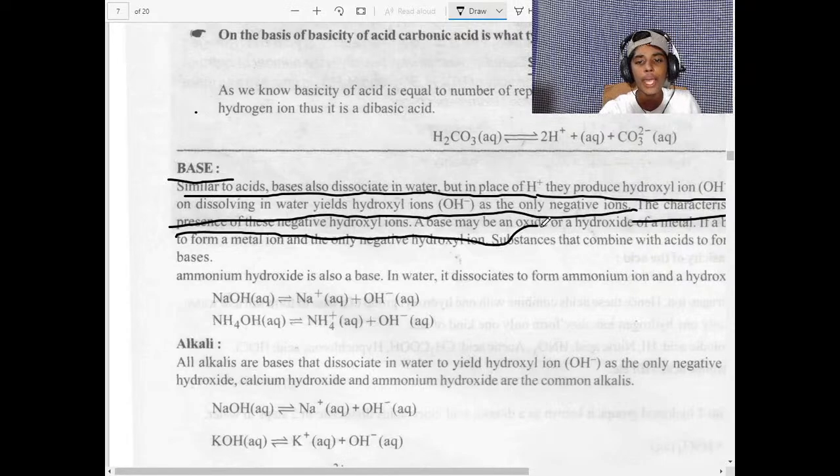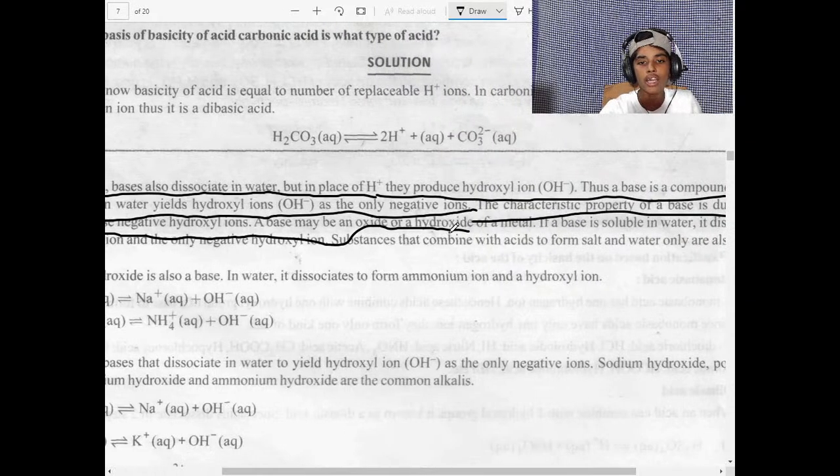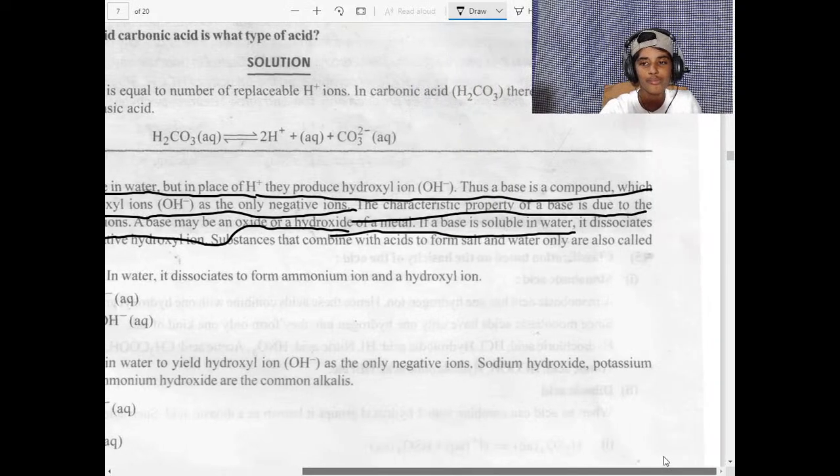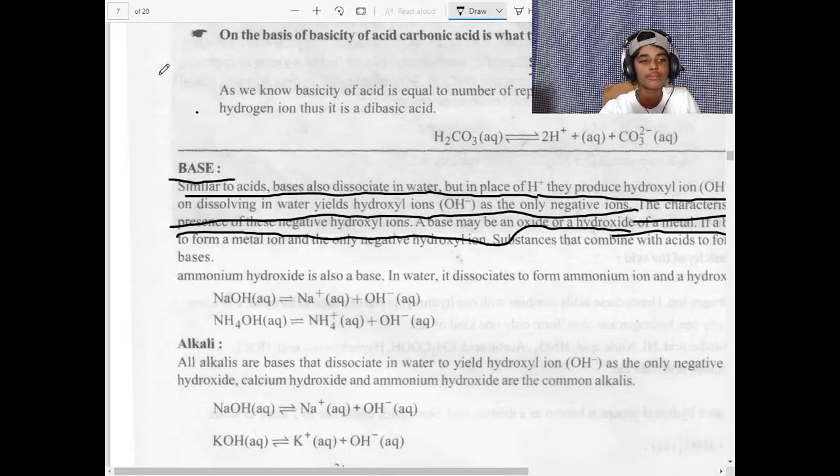A base may be an oxide or a hydroxide of a metal. If a base is soluble in water, it dissociates to form a metal ion and the only negative hydroxide ion.